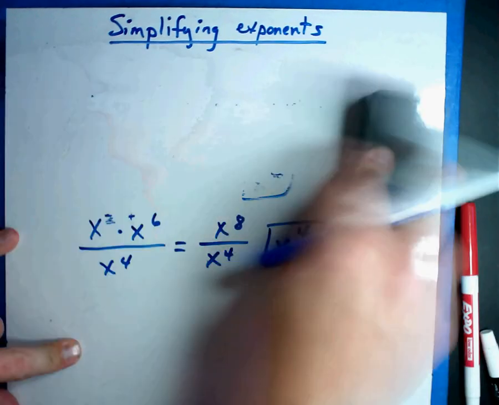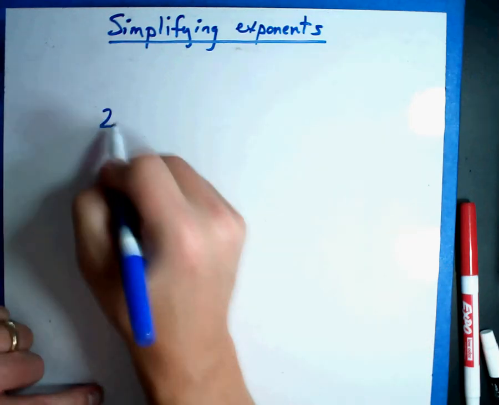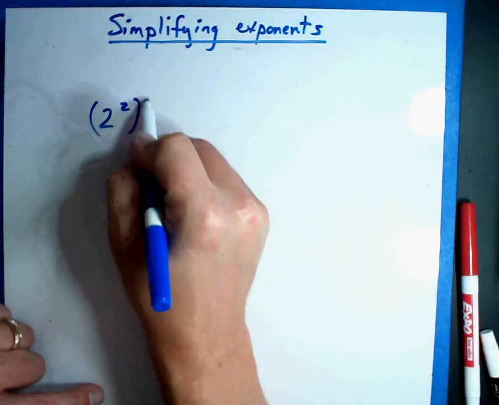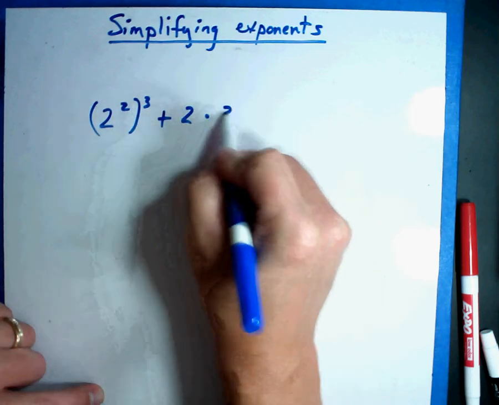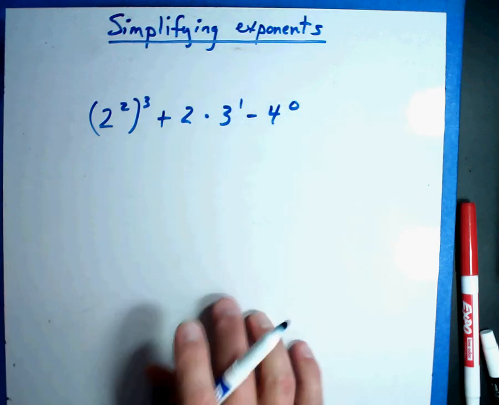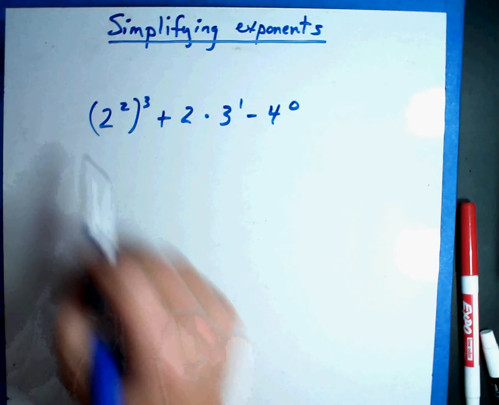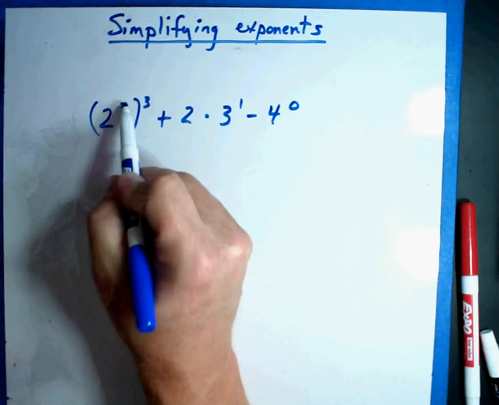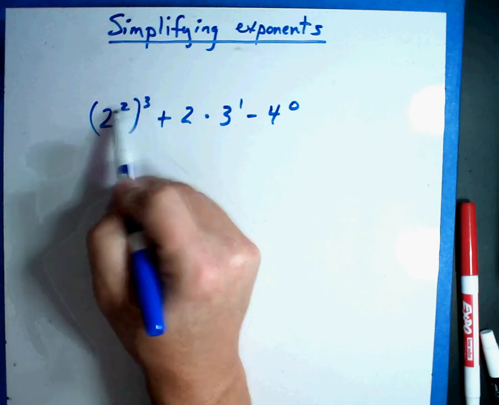Now let's try to simplify something else that looks like this. Let's say we have something like this. Now, when you first look at it, it might look like it's complex, but it's really not too hard. You want to do your parentheses first in your order of operations. Oh, there's an exponent multiplied by another exponent, so you're going to add.